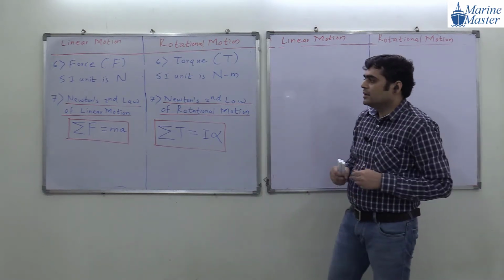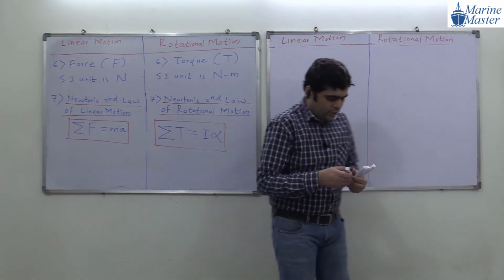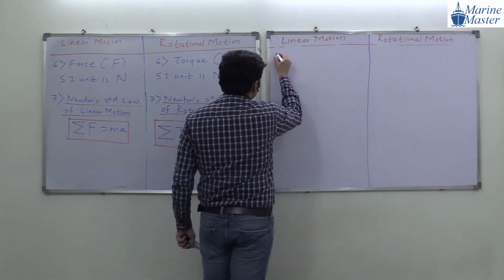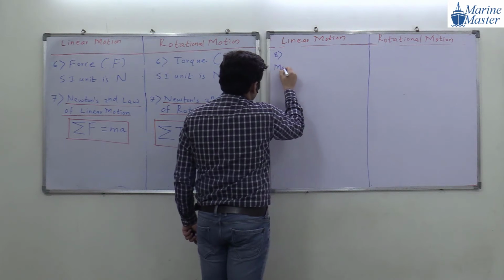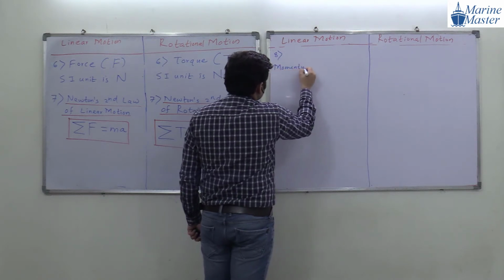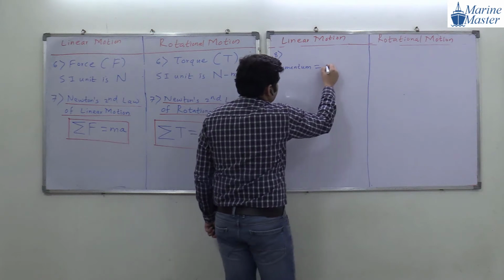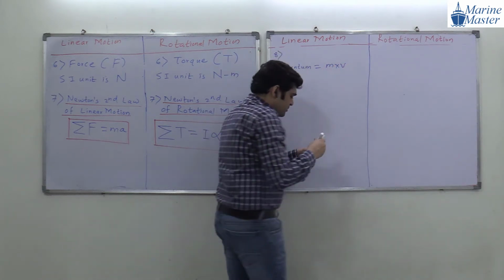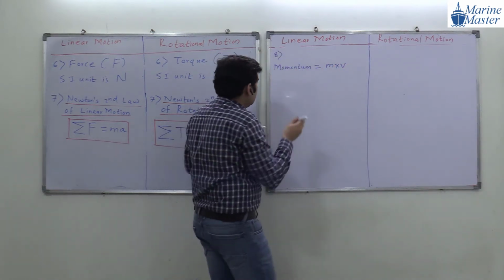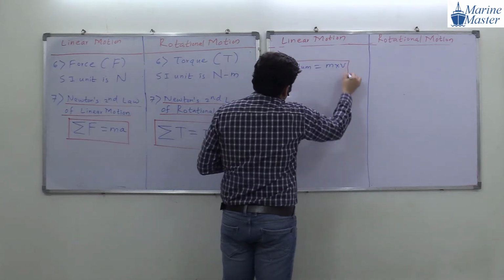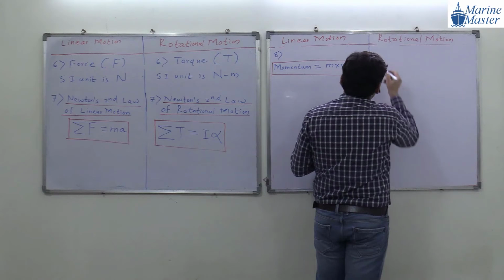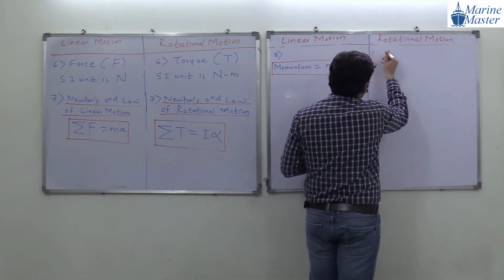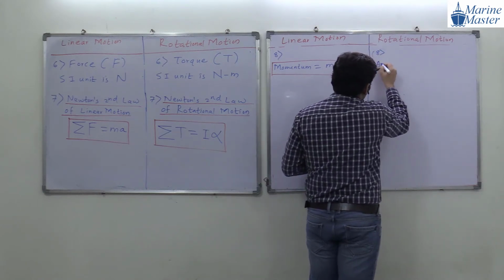Now guys, what will be the 8th point? The 8th point is momentum. Momentum means what, guys? Mass into velocity. So that is momentum. Now here, the 8th point in rotational motion is angular momentum.